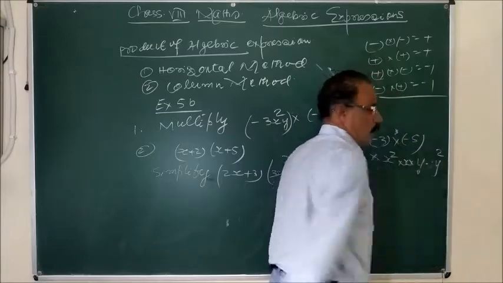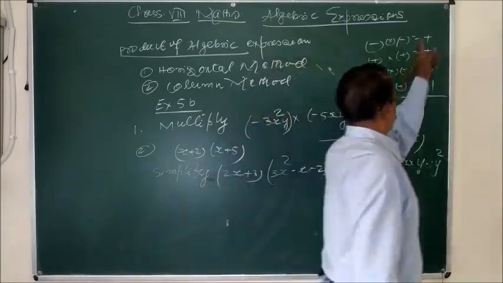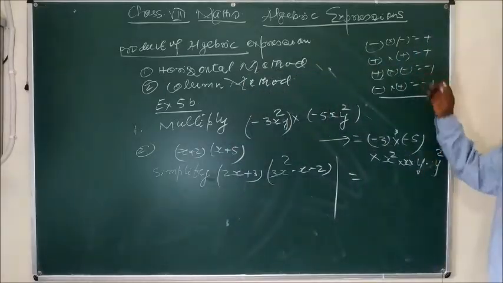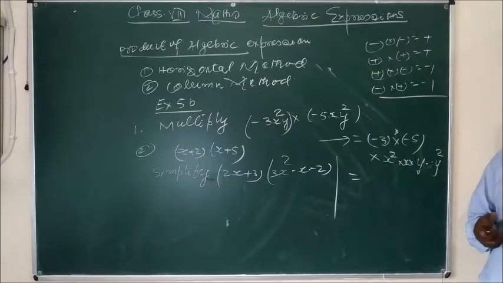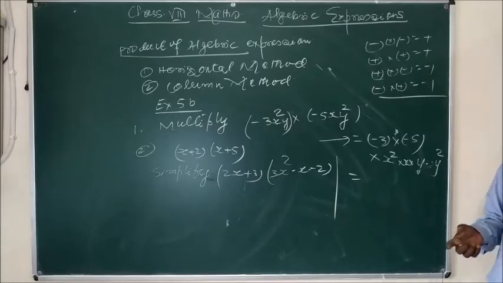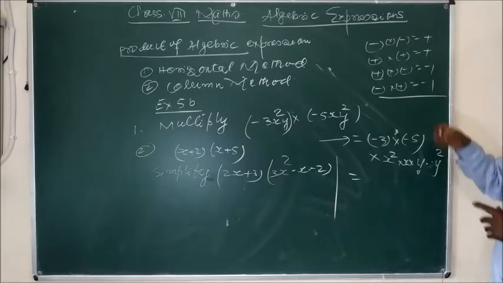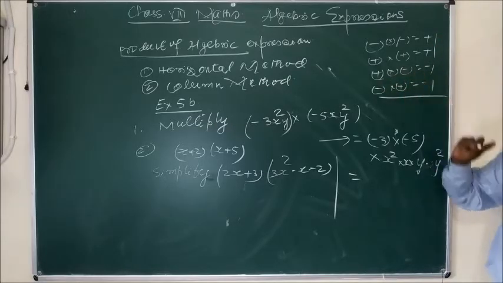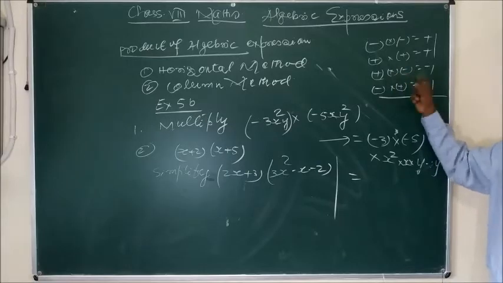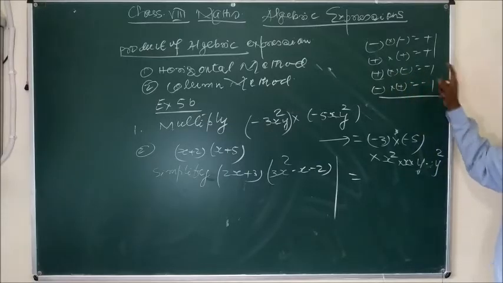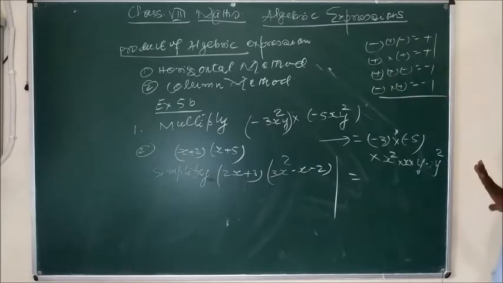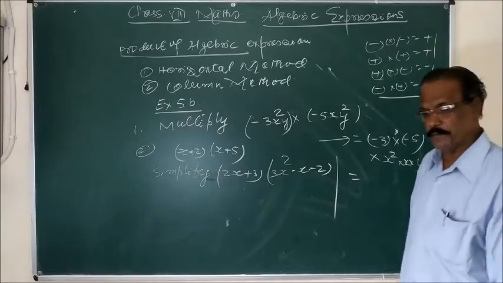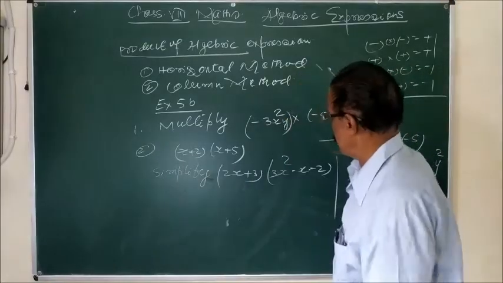So in short, you should understand, if you multiply terms with the same sign, either both negative or both positive, the result will be positive. And if the signs are different, plus minus or minus plus, you will get negative. This is a very important rule you should learn.